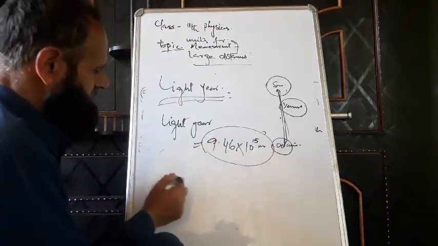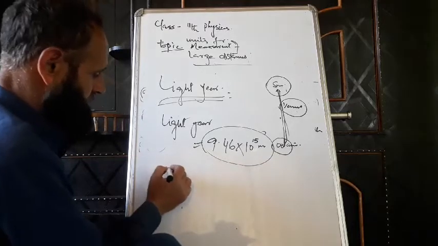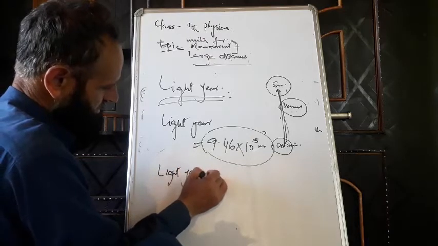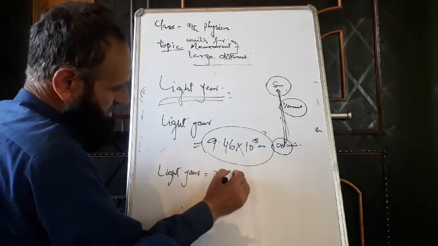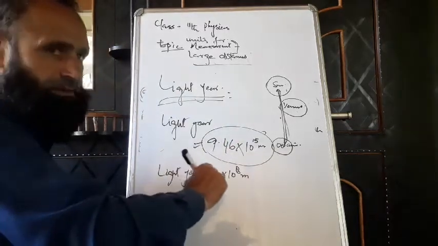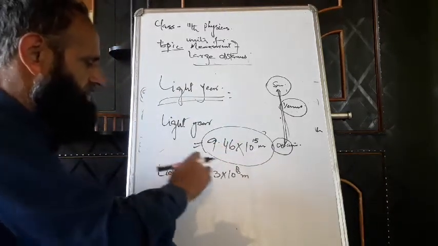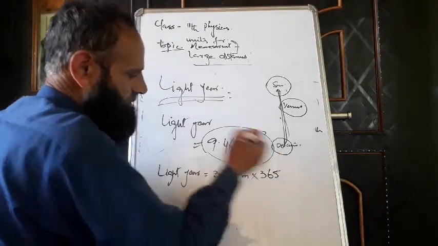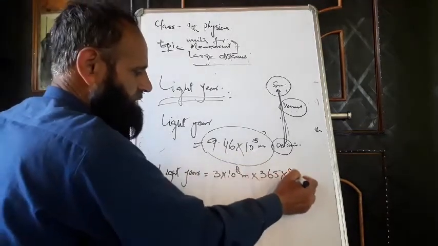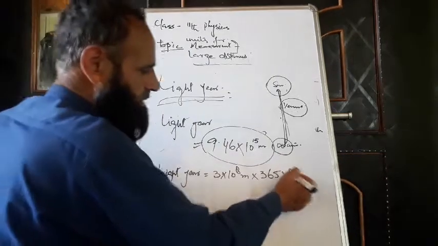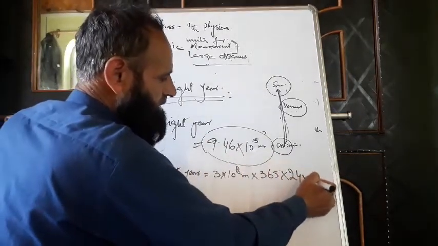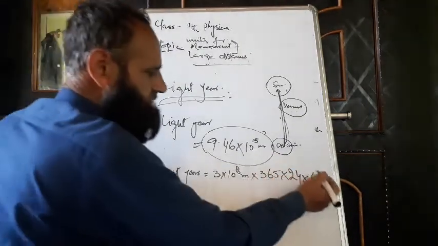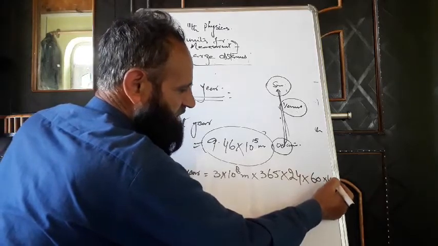We can calculate this distance like this. 1 light year is equal to 3 into 10 raised to power 8 meters per second, the velocity of light in vacuum, multiplied by 365 days, multiplied by 24 hours, multiplied by 60 minutes, and then multiplied by 60 seconds.